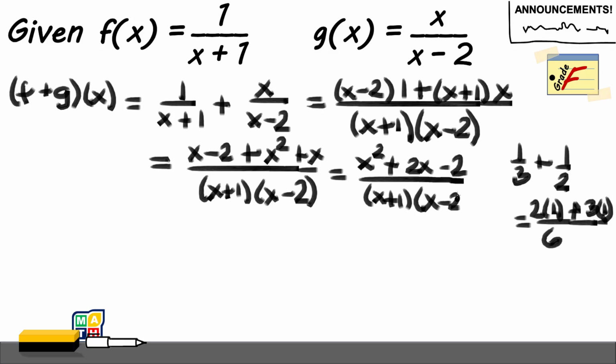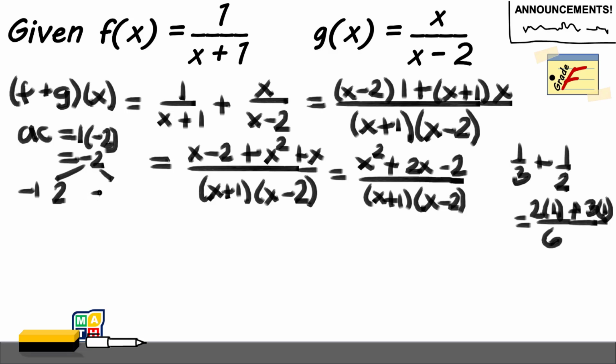Let's check if our numerator can be factored with any factor that will ultimately lead to a cancellation later. This is a quadratic trinomial, so let's factor that using the AC way. You have 1 times negative 2, which is negative 2. The factors of negative 2 are negative 1 and 2.